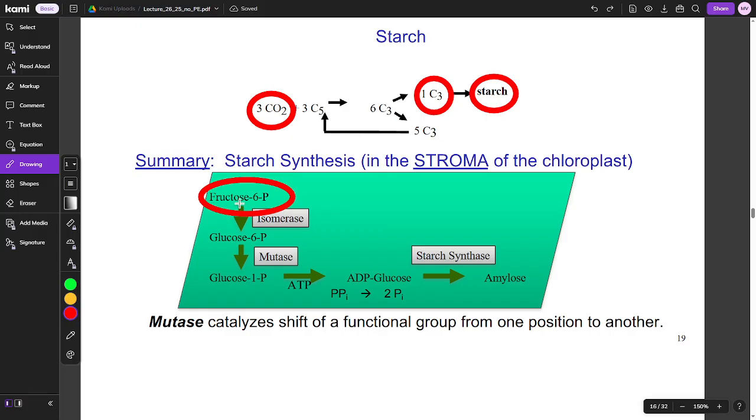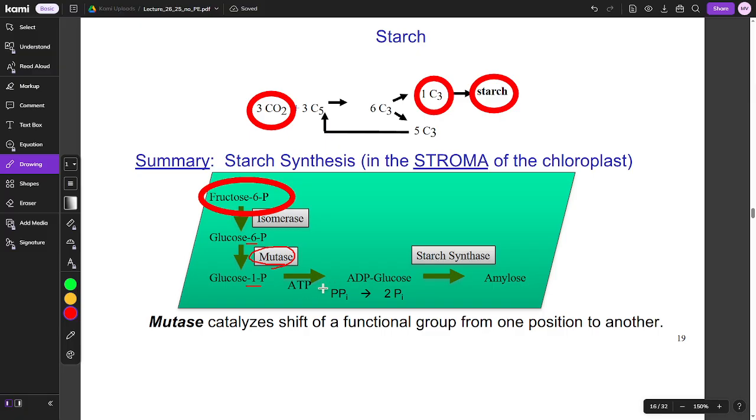So when you get your fructose 6-phosphate from your carbon shuffle, you can isomerize it into glucose 6-phosphate. Mutase is like an isomerase, but it just changes a specific group from one position to another. So we're going from glucose 6-phosphate to 1-phosphate, just changing one group's position. And then from there, we make this ATP glucose intermediate, similar to how glycogen synthesis works, right? Where you take UDP glucose, now you're doing ADP glucose.